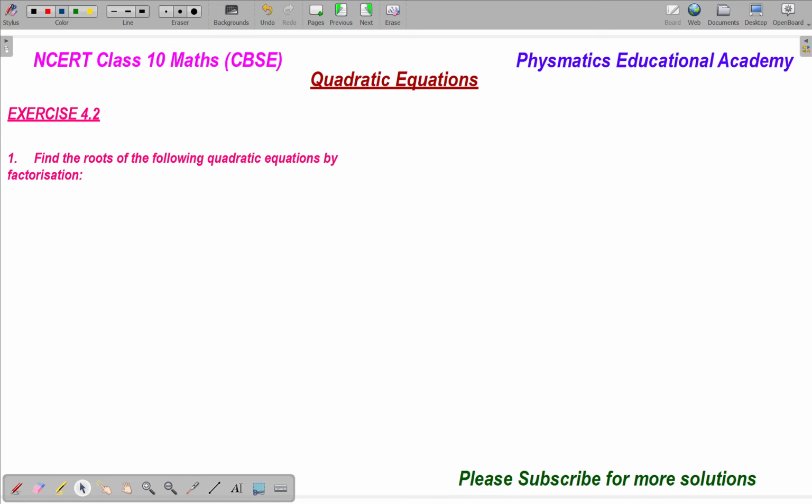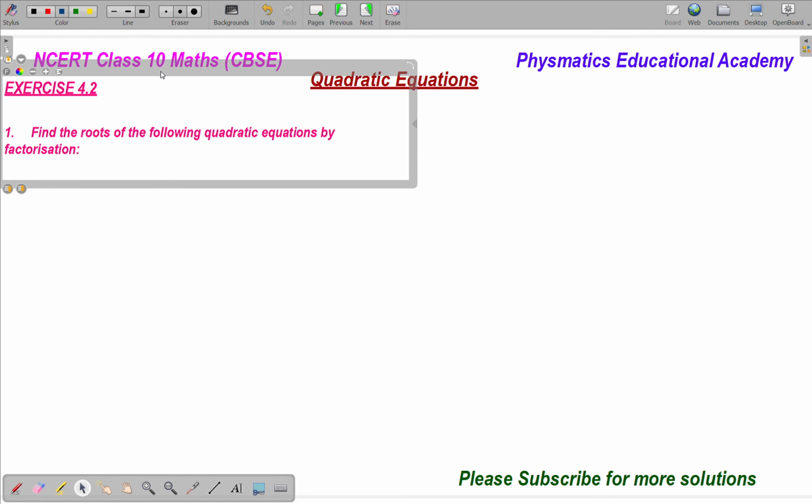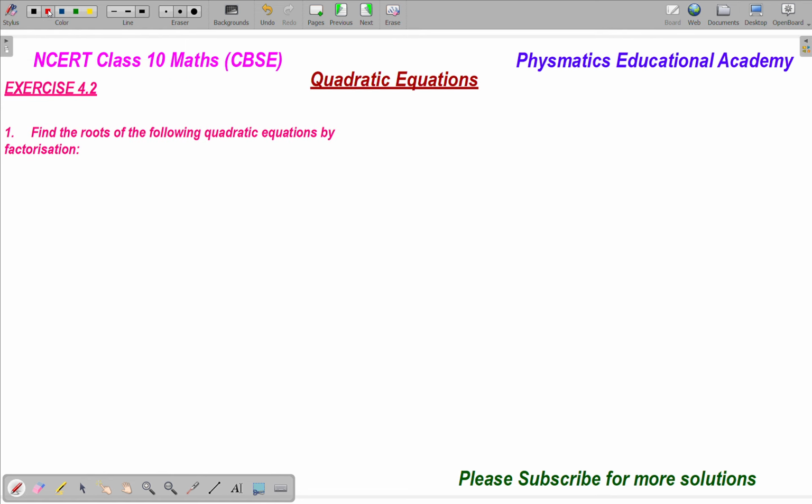The sub question is 1, that is x square minus 3x minus 10 is equal to 0. We have to find the roots of the quadratic equation by factorization.